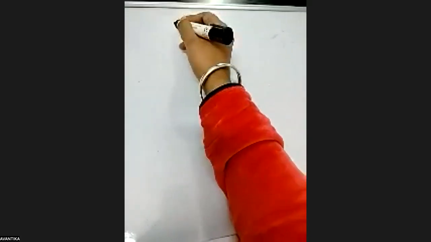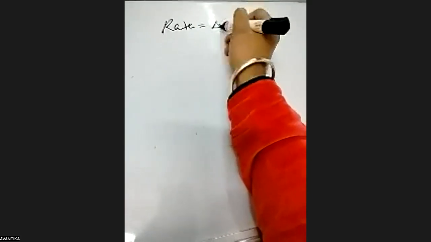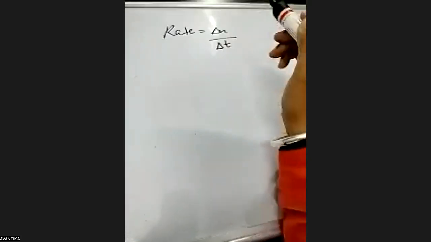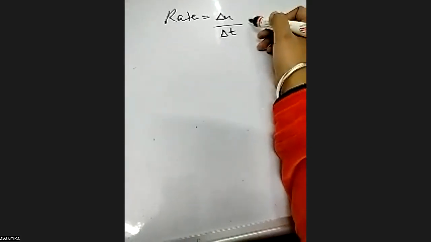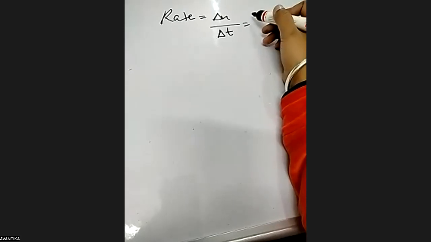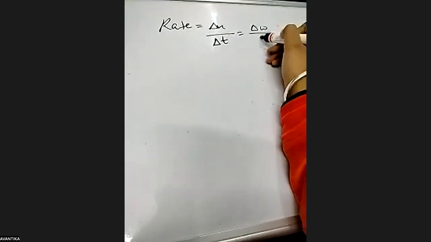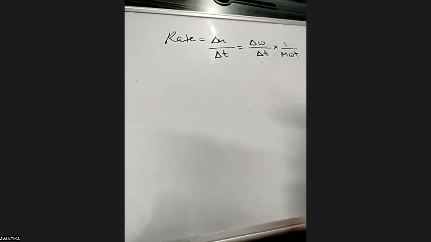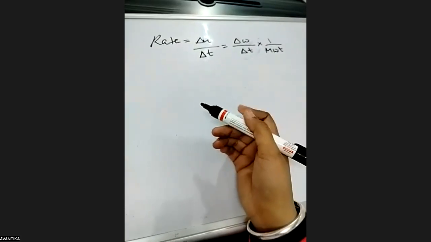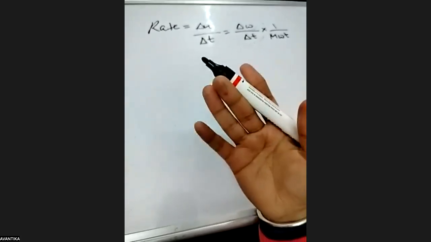So rate can be expressed in terms of change in number of moles upon change in time, and if we put the formula of number of moles, that is weight upon molecular weight, then we can also express rate in terms of weight. We can also express rate as a change in concentration, that is mole per liter upon change in time, and also in terms of pressure.